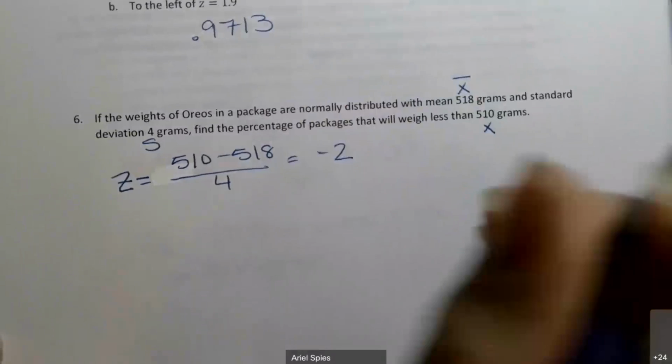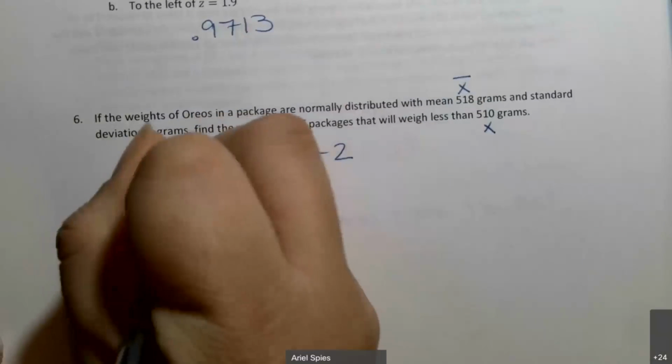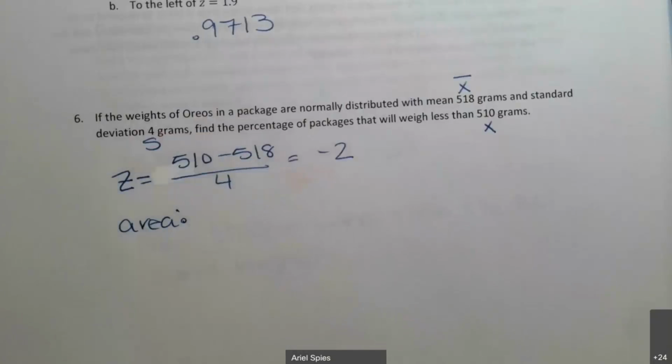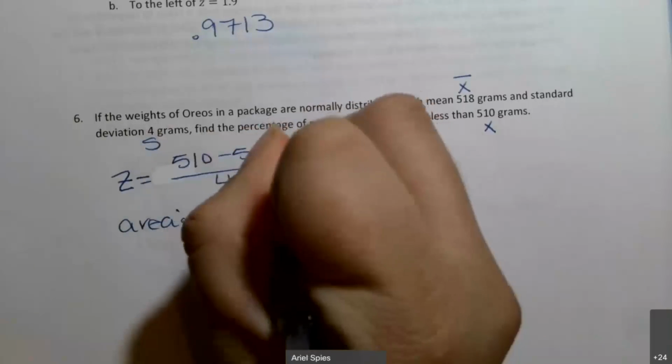So what I want to go do is look up that area on the chart. So I want to go back and look up negative 2, which gives us 0.0228.